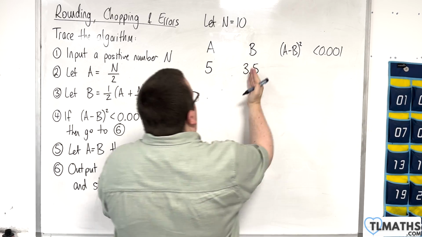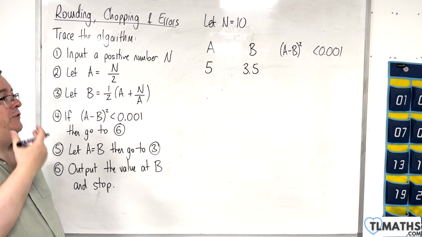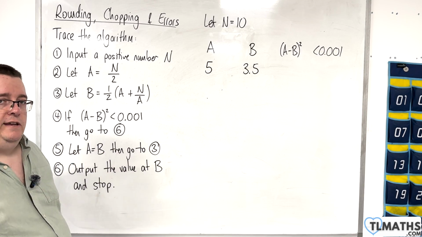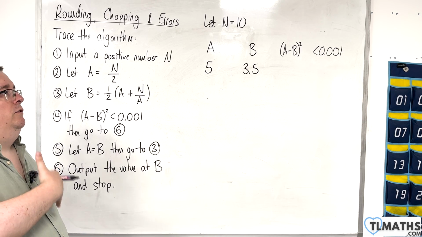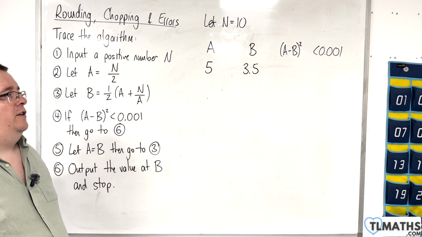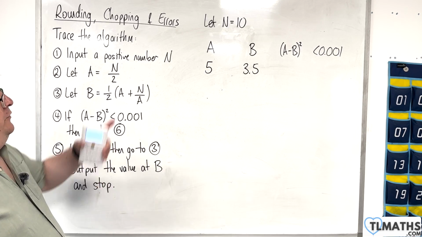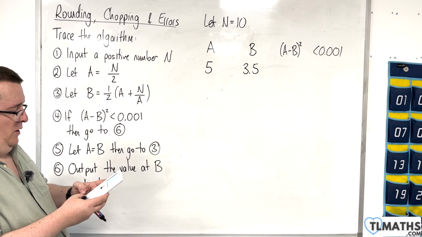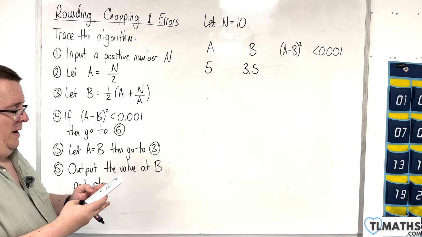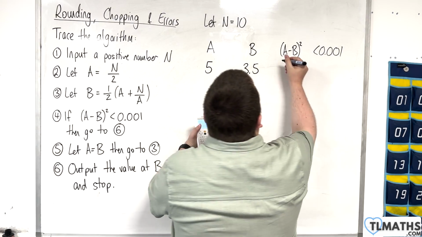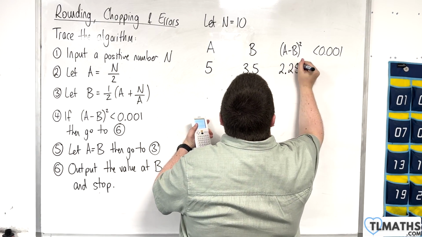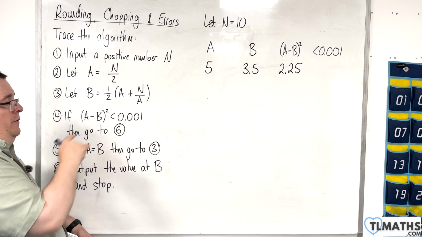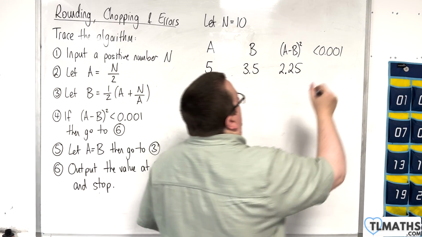Now, when I'm putting my numbers in here, I'm going to round to 5 decimal places, but for each calculation, I'm going to use the full exact value as much as possible. So then I've got a take away b squared. So 5 take away 3.5 all squared is 2.25. Okay, so we're at stage 4. Is that less than 0.001? Well, no.